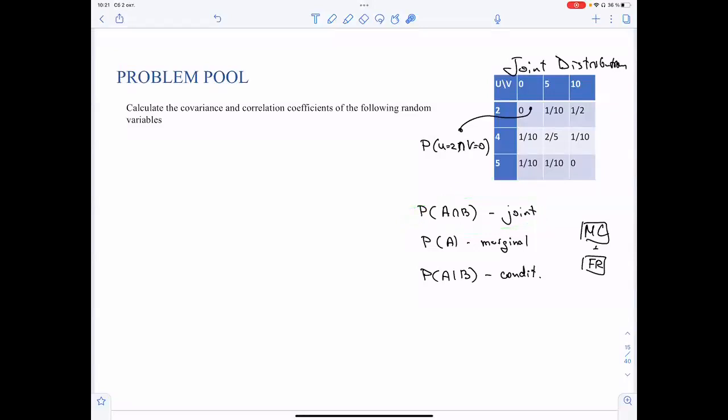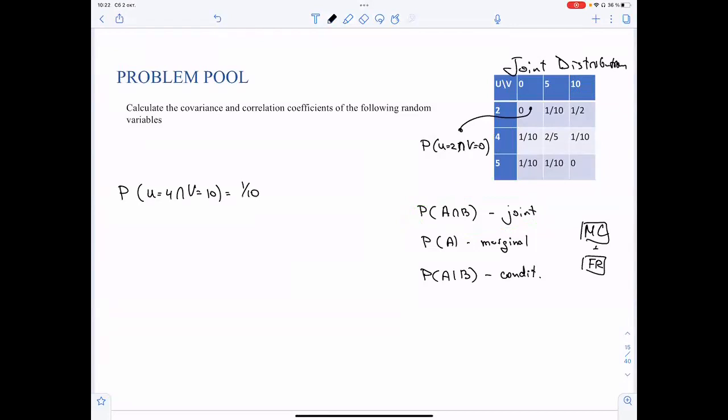So for example, if I look at this table, I say the joint probability that u equals 4 and v equals 10 equals what? So u is 4, v is 10. 1/10. Their joint probability, absolutely, is 1/10. That's right.